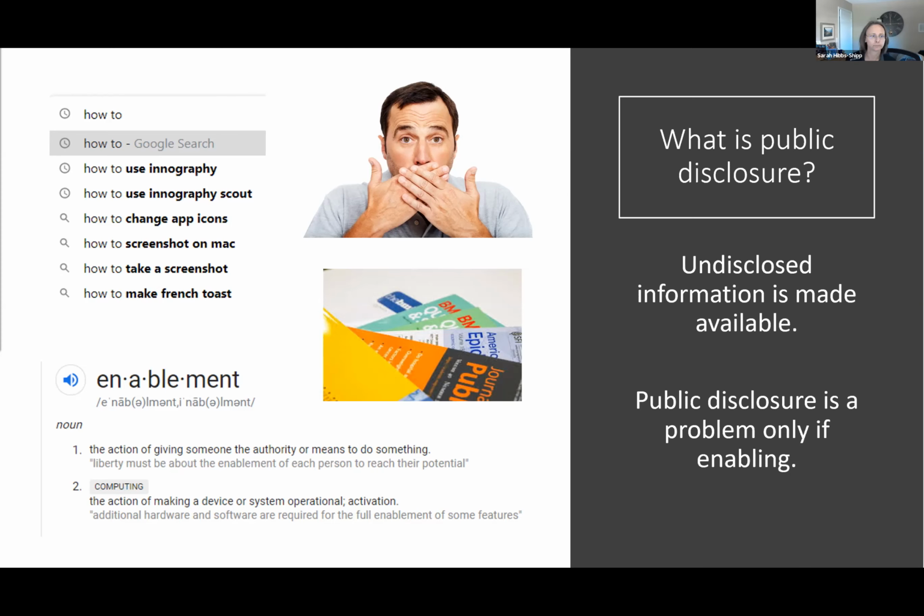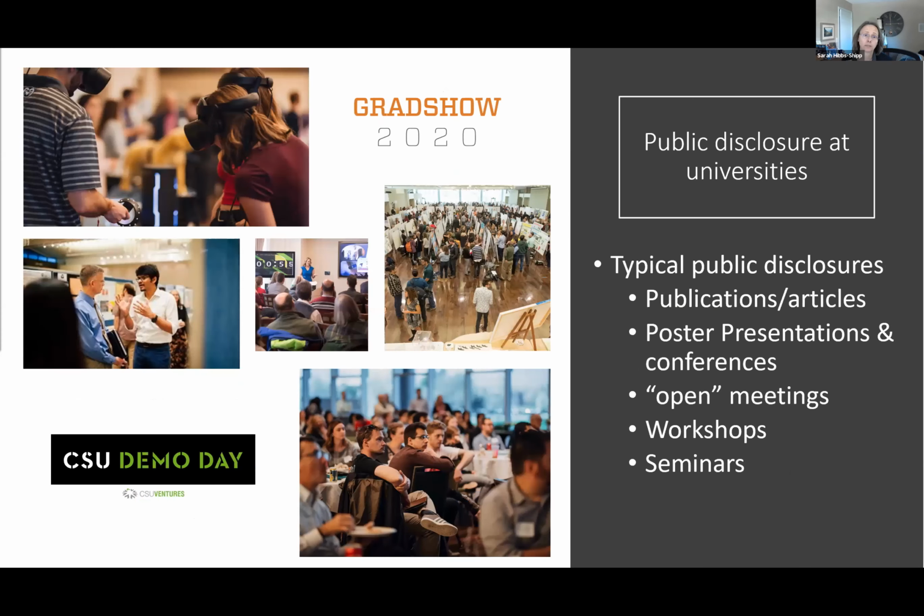So at universities, a typical public disclosure, right, is the grad show. And I'm sure some of you, I don't know if you're on this call or not, were contacted during the graduate show based on your abstracts to discuss more if you had additional intellectual property that might need to be protected before you presented at the grad show. Demo Day is another type of conference where that can become problematic.